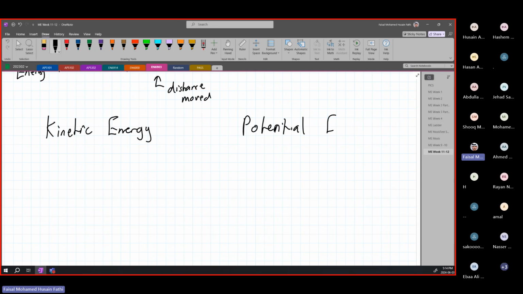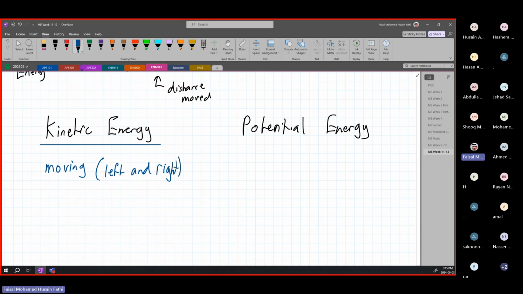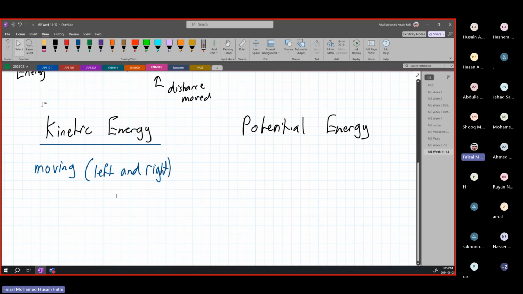energy. So what do these two mean? Kinetic energy is moving, you could say, left and right. It's not exactly that, but this is an easy way to remember it, as in if you have an object that is moving left and right.